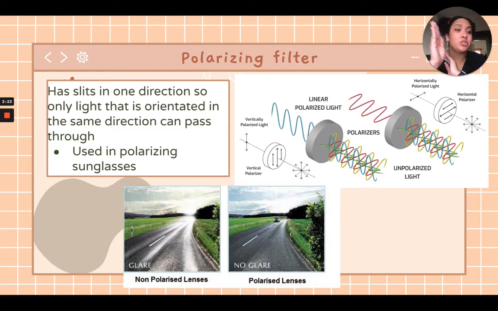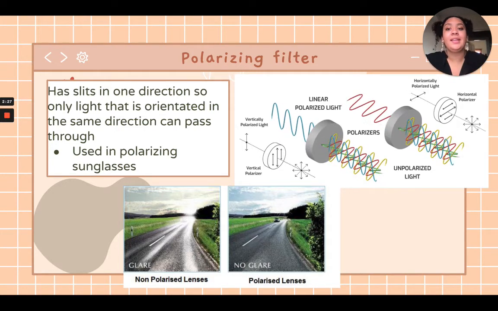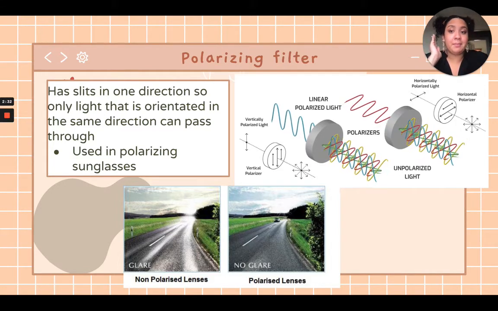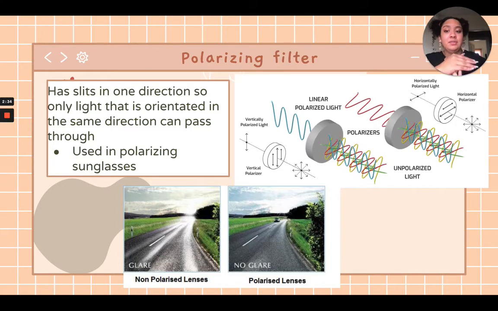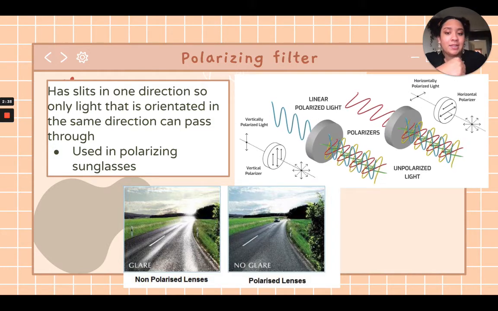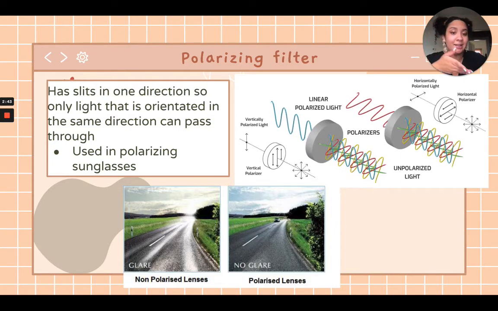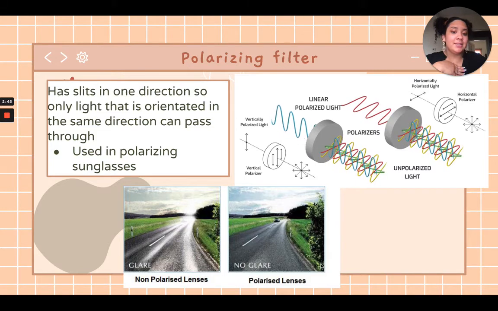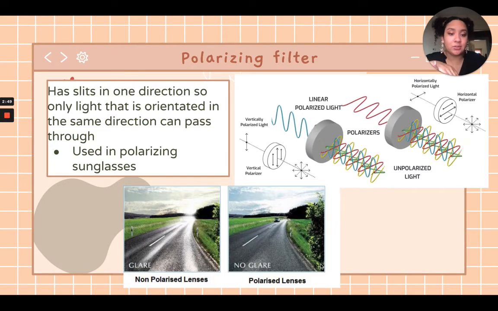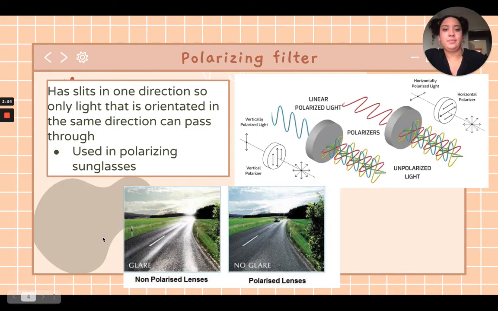So if we just chose straight up and down, only light that's in that straight up and down can pass through the filter. So this is what is used in polarizing sunglasses. With non-polarized lenses, the light is going all over the place, which causes that glare. And in polarized lenses, it only shows that straight up and down or straight horizontal light, which creates less of a glare. Okay.